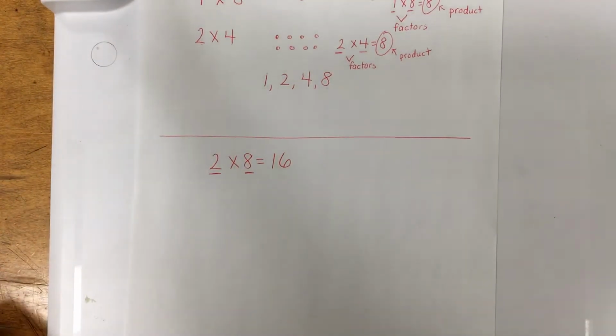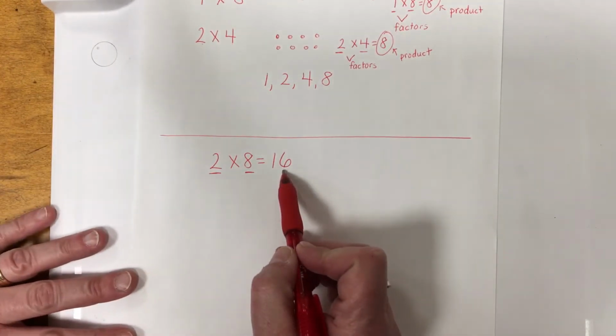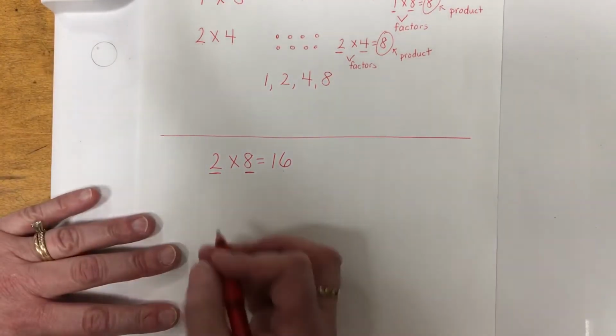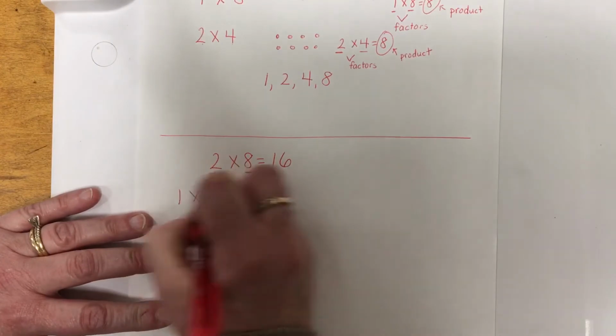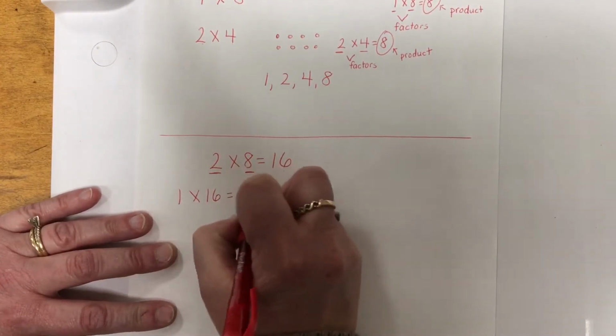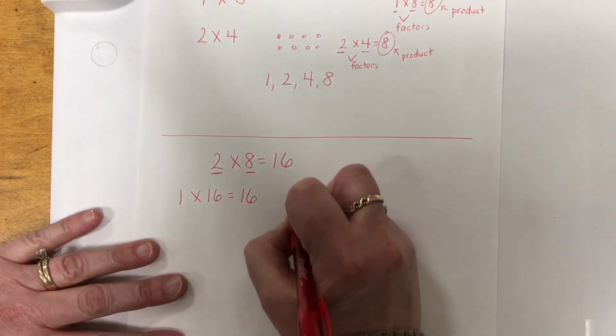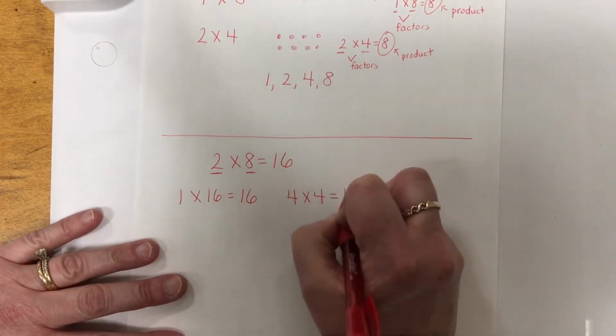Can you think of any other multiplication sentences you can write using different factors that will give us the same product? Well, hopefully you're thinking of 1 times 16 equals 16, and 4 times 4 equals 16.